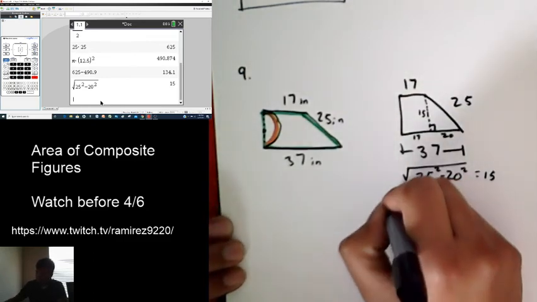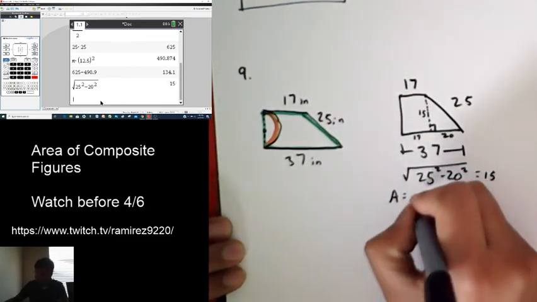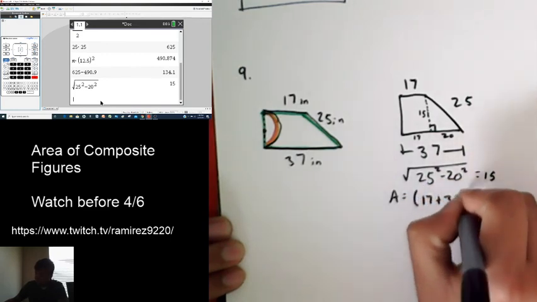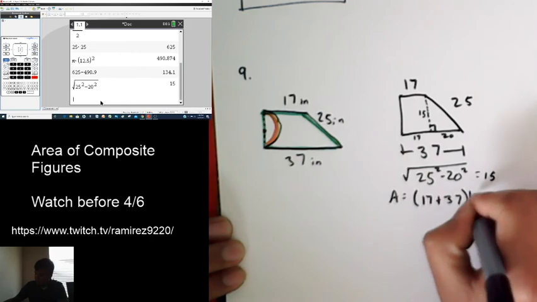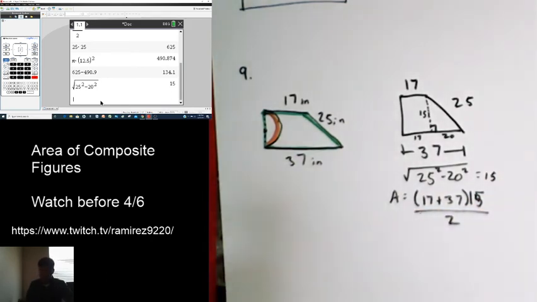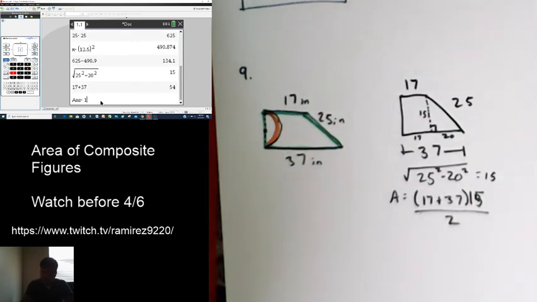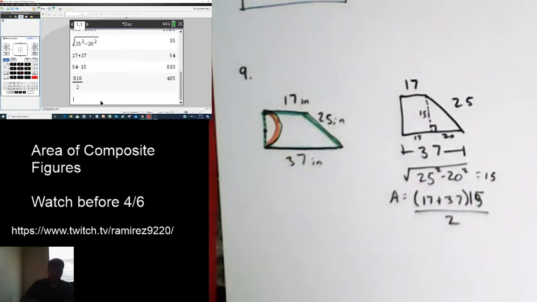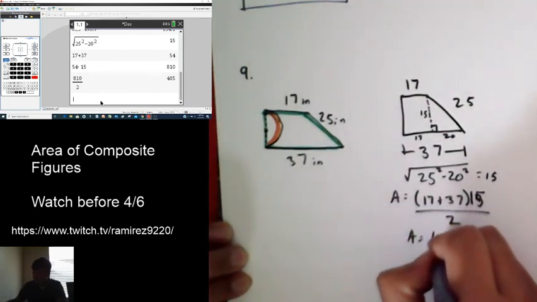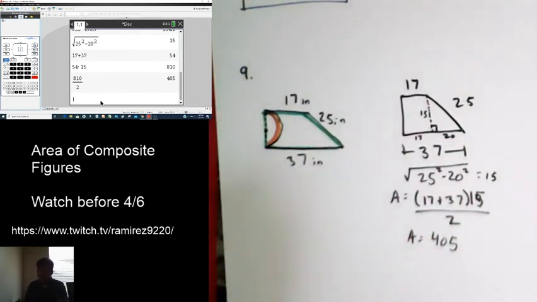I now have enough information to find the area of the trapezoid. 17 plus 37 times 15 divided by 2. So 17 plus 37, that times 15 divided by 2. So the area of the trapezoid is 405.